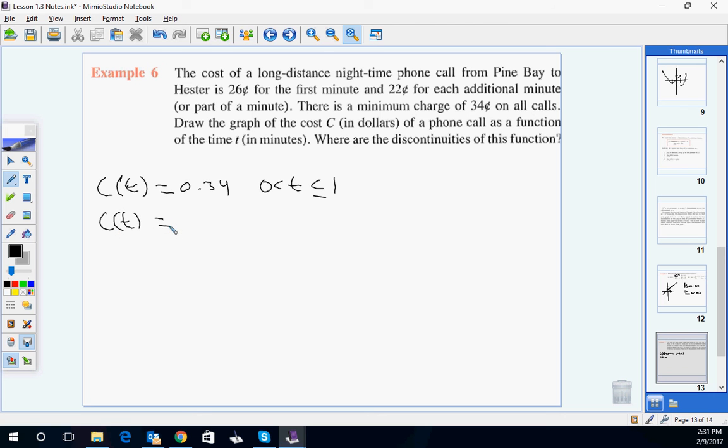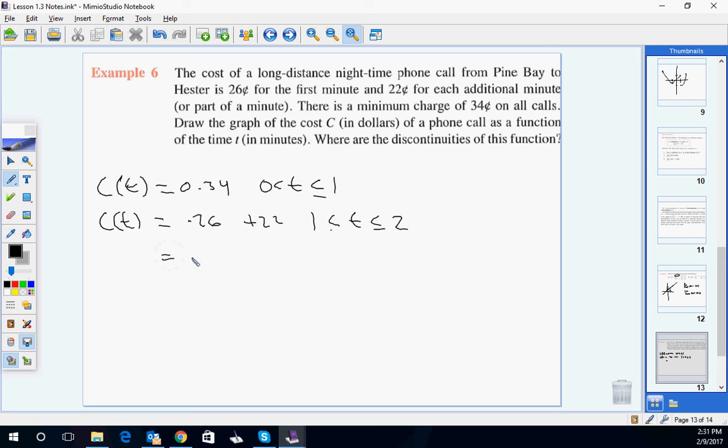So 26 plus 22 applies for t between 1, not equal to 1, and 2. Then it keeps growing from there.